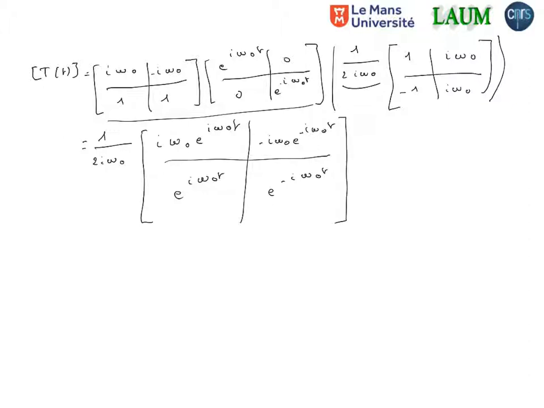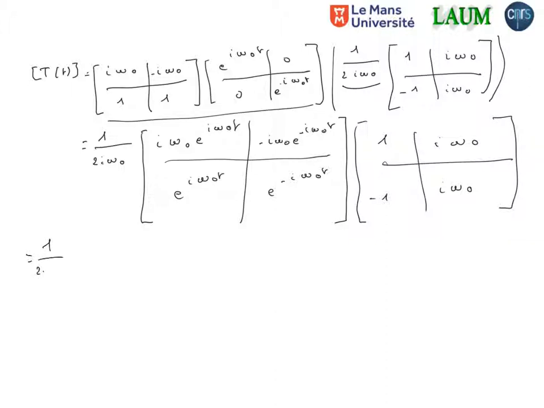So this is the product of the first two matrices. Then this is just the remaining part of P minus 1. So this is 1 over 2 i omega 0 multiplied by, so here, i omega 0 multiplied by e to the i omega 0 t plus e to the minus i omega 0 t. So we have this minus and this one.